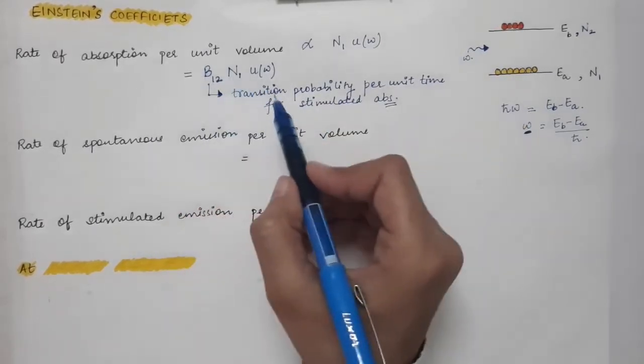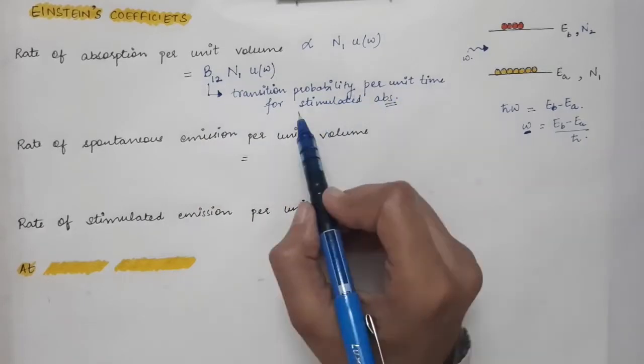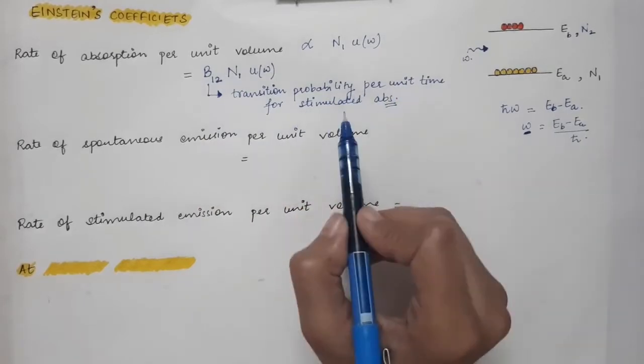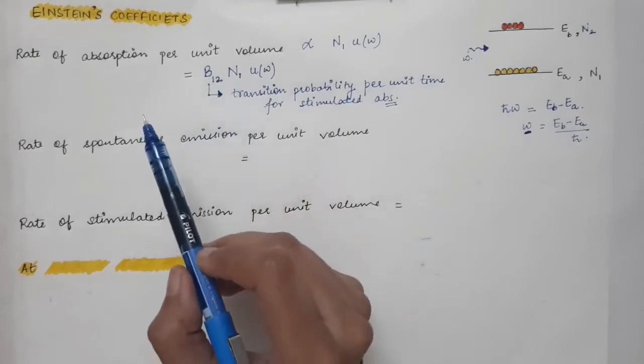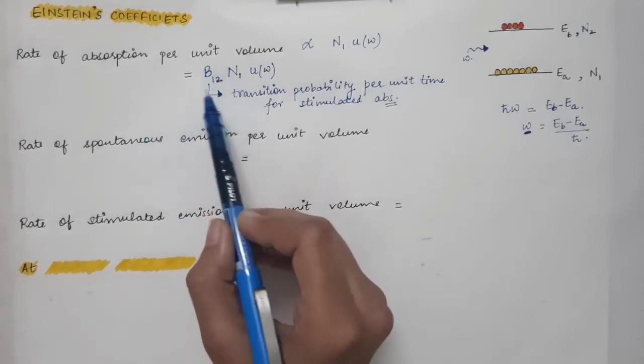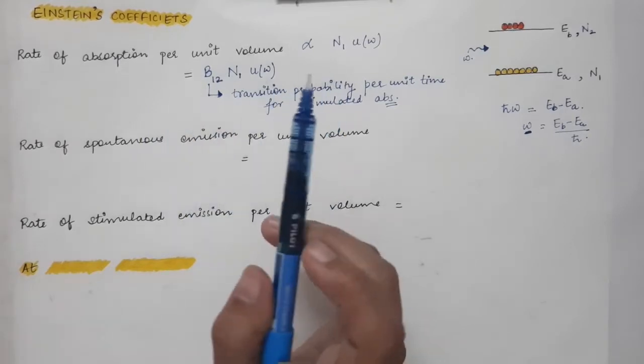So B12 is the transition probability per unit time for stimulated absorption to occur. And this B12 is one of the Einstein's coefficients. So this is known as Einstein's coefficients.